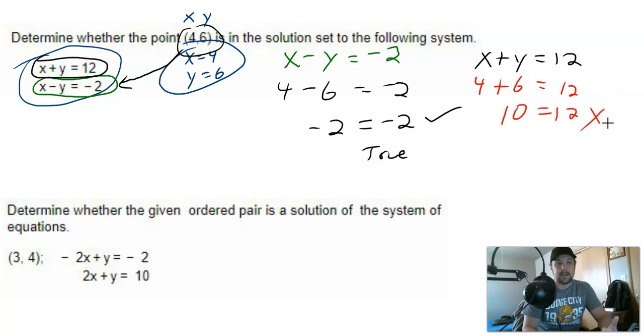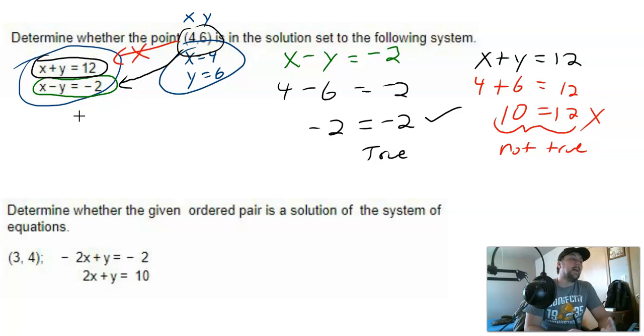So I'm putting an x here as in that's bad, right? This is not true. And so 4, 6 is not a solution to the top equation. And so even though it works in the bottom equation, it is not a solution to the system as a whole because it doesn't work in every equation in the system.